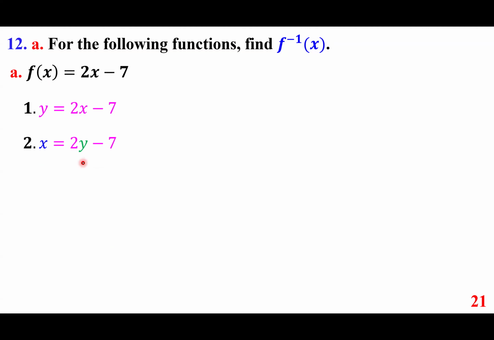Right here, we have the inverse. However, as you know, we always solve for y, which means we're moving -7 to the other side. So add 7 and then divide by 2. And y becomes x plus 7 over 2. We call it f inverse of x.